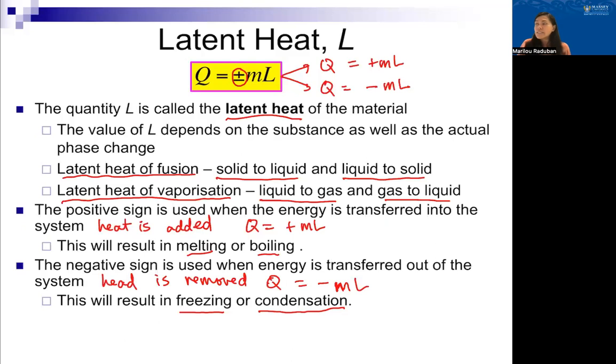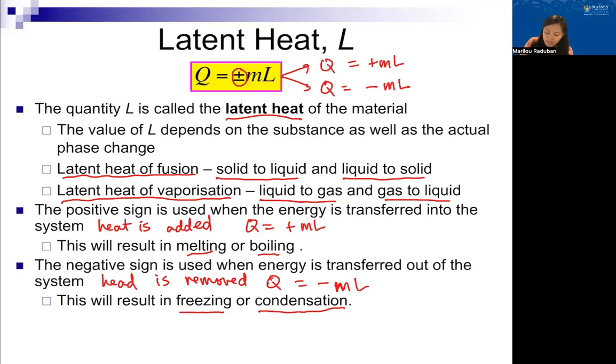An interesting thing to note here is that in this equation, Q is equal to mL, it does not contain anything about temperature. So you don't see any temperature change when you're doing a phase change.